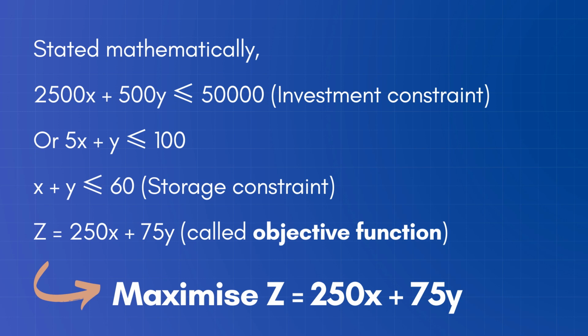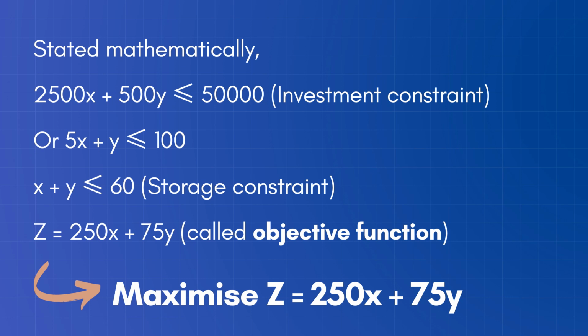The dealer wants to invest in such a way as to maximize his profit. Let's say z, which is stated as a function of x and y, or tables and chairs. This profit can be written in mathematical format as z equals 250x plus 75y.